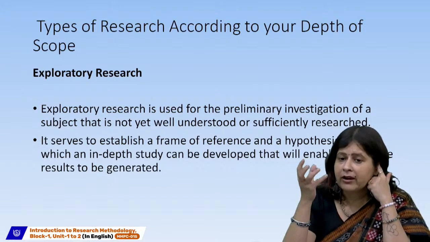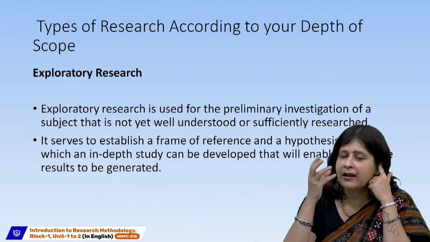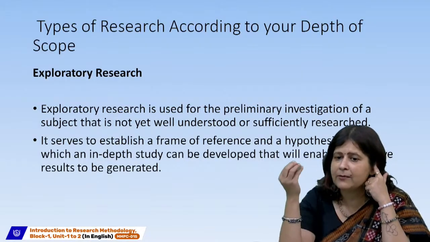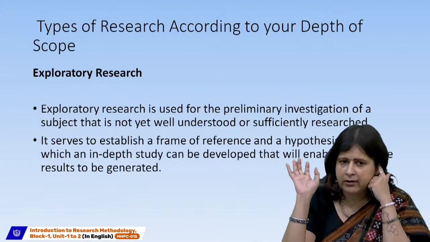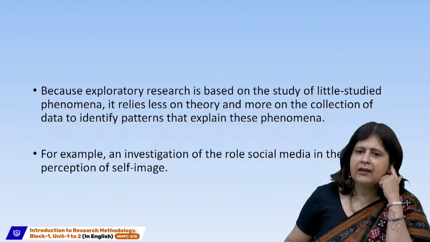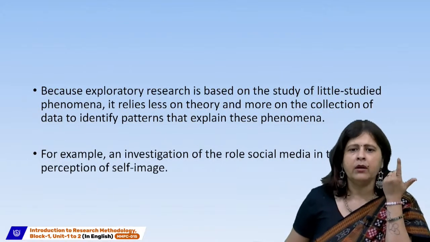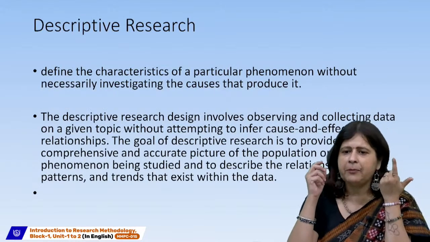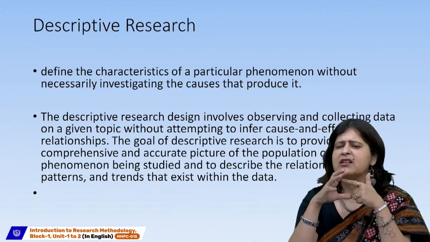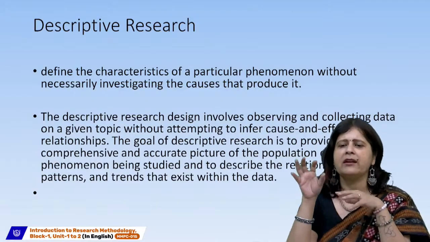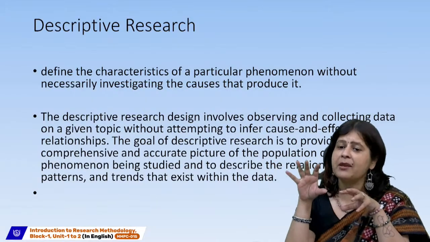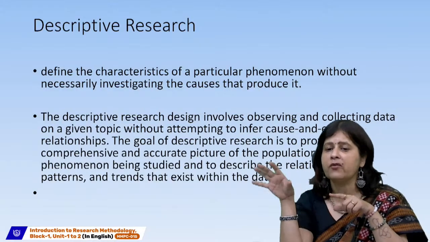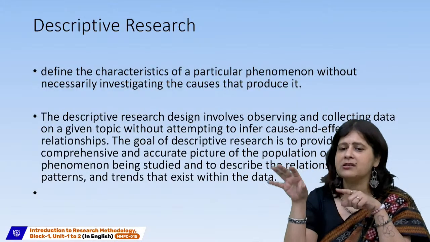It tries to collect the data and analyze that data, and it works as a framework of reference, right. And then descriptive research actually describes the characteristics of a certain phenomenon without describing the reason or the cause of those characteristics, that is known as the descriptive research.